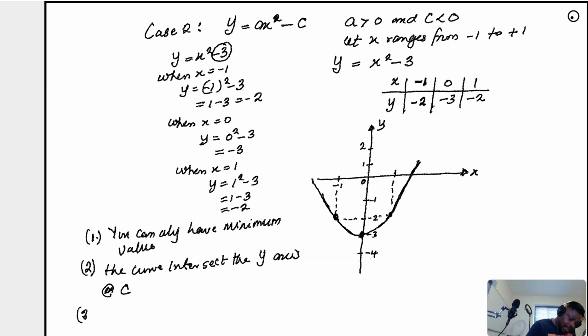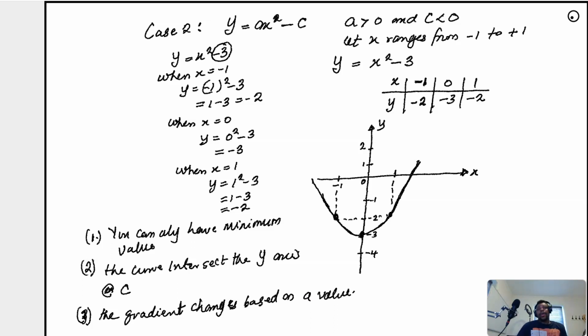And the last here is that the curve or the gradient changes based on the value of A. So the gradient changes based on the A value. Okay, so that is case 2.